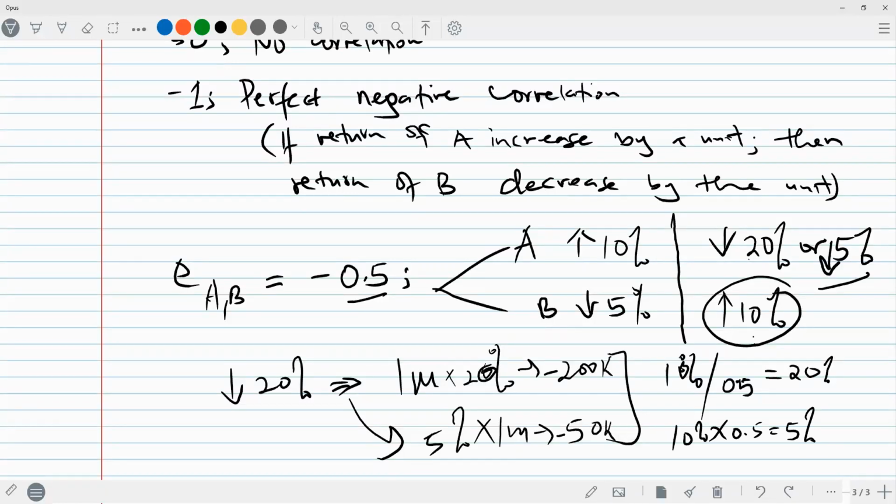Joseph, I hope it's clear. It can either be a decrease of 20% or a decrease of 5%. I'll digest it later. It's not too clear. Okay, we mark it.